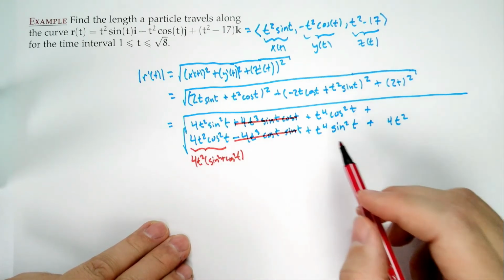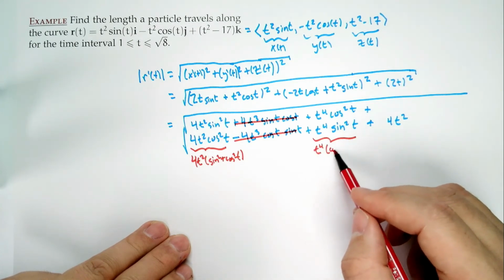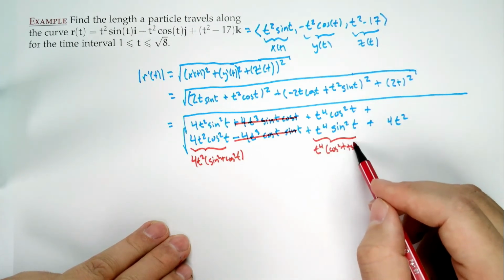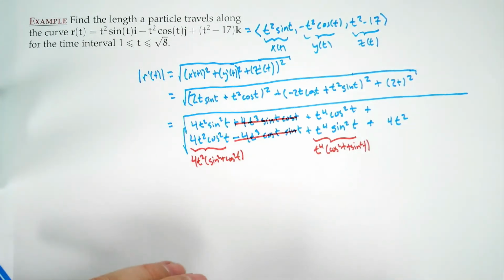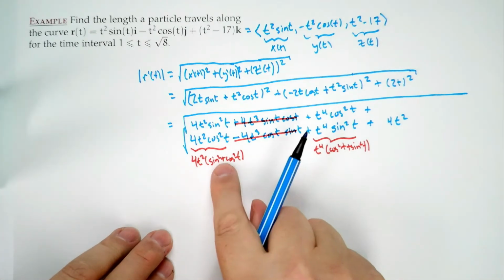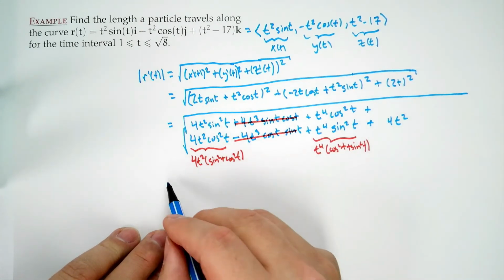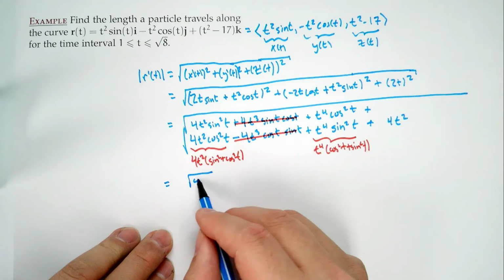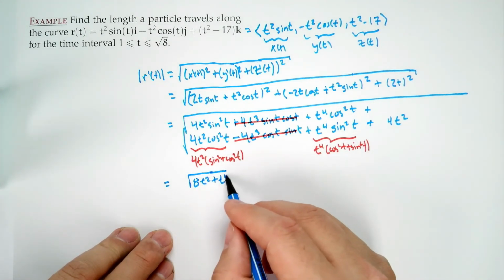Well, that's 1. Over here, you pull out t to the 4th, cosine squared plus sine squared. Again, that's 1. So, what do we end up with? Since this is 1 and that's 1, we get 4t squared plus 4t squared. So that is 8t squared, and then plus t to the 4th.